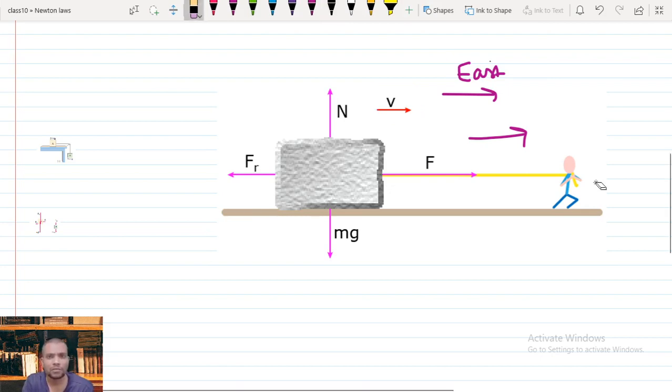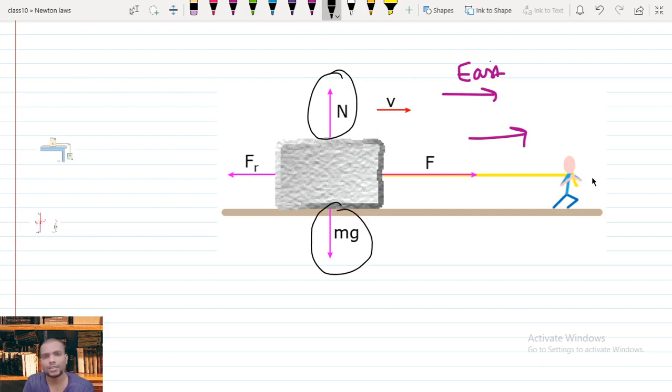As usual, we need to draw two things. One is the normal reaction force, which counterbalances the weight. These two forces are balanced, so that's why the object is not moving up and down. Now the object is moving in the east direction, or to my right, because in that direction force is more.